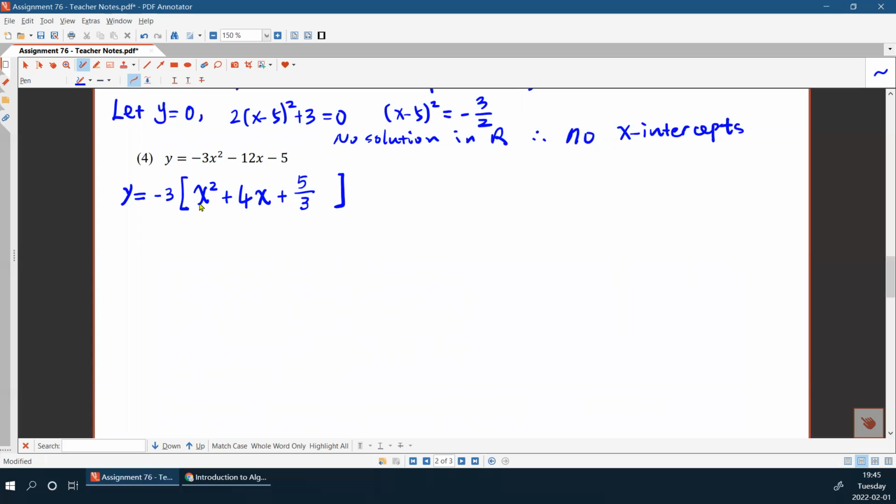My suggestion is to verify your result by multiplying the negative 3 inside. If you verify this now, you will get negative 3x squared, negative 12x, negative 5, which should be exactly the same as the original expression, right? So that ensures the first step is correct.